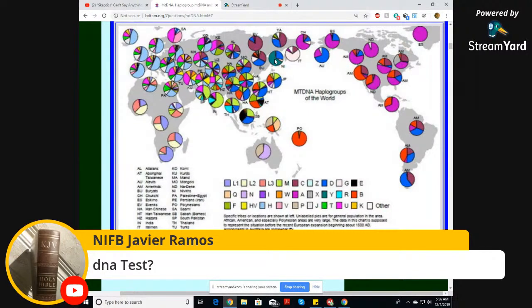Let me see what else we got. The R, the B, whatever this B is, that's Semitic. So this red color would be Semitic all the way to America. And over here is New Zealand. This would be Pacific Island somewhere.